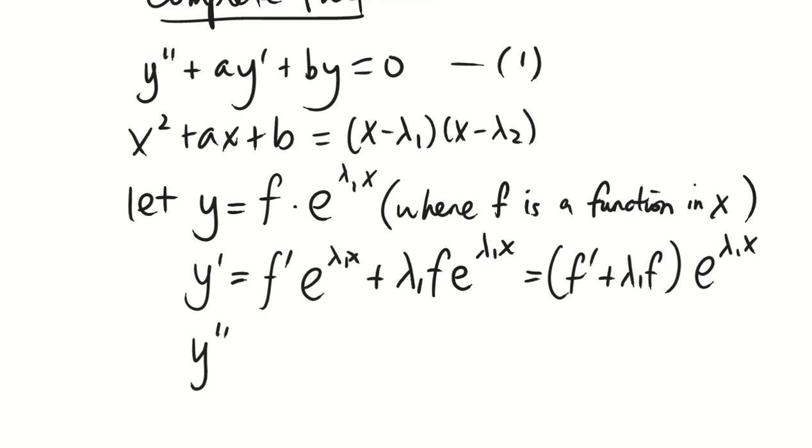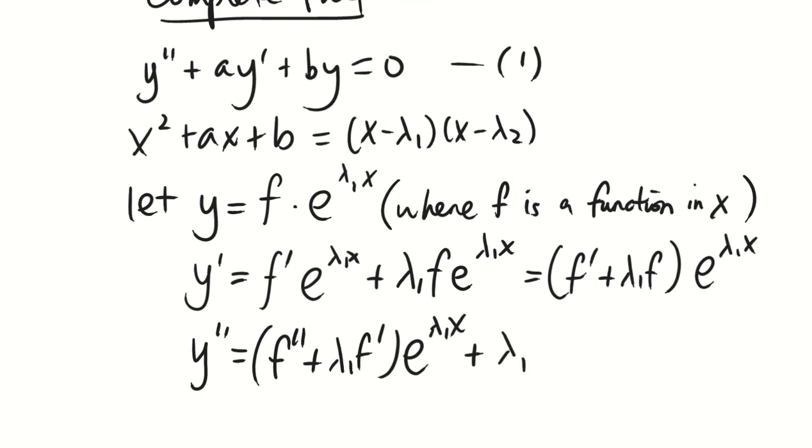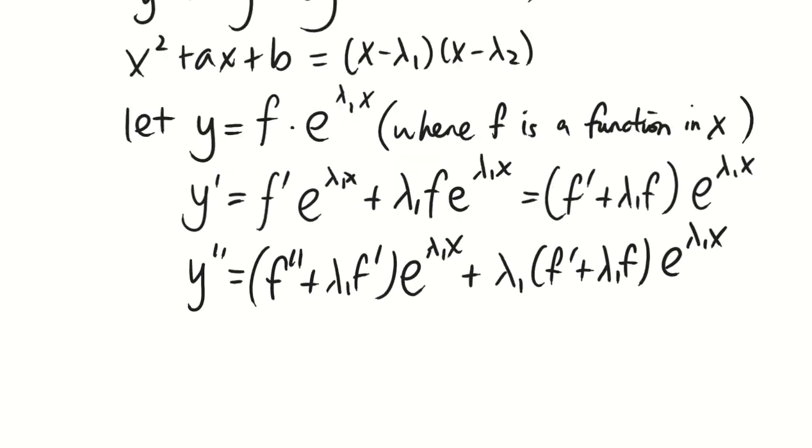And then y prime prime would be the derivative of that. So that would be f prime prime plus lambda 1 f prime e to the lambda 1x plus lambda 1 f prime plus lambda 1 f e to the lambda 1x.